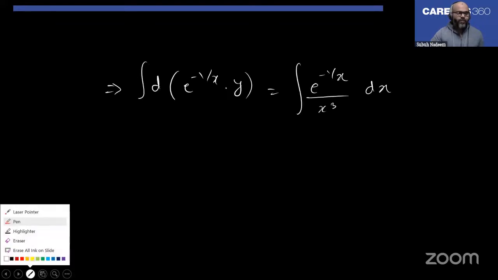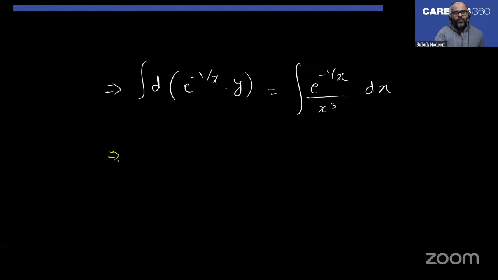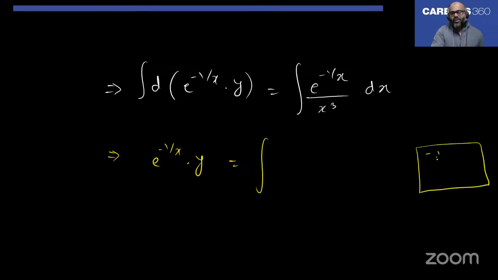So what would happen? This will become e to the power minus 1 by x into y. And in here, if you want to integrate, let us take minus 1 by x as t. So minus 1 by x is equal to t, let us suppose.